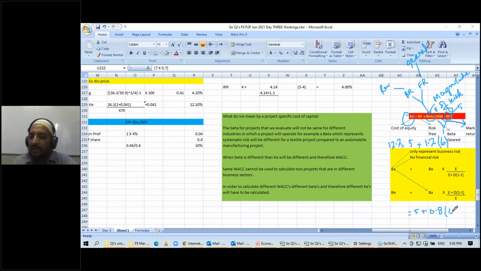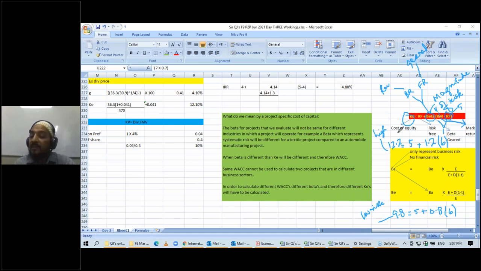So if I multiply 0.8 by 6, then the cost of equity is going to be 9.8%. So this is for a low risk project, right? And the earlier cost of equity is for a high risk project, right?